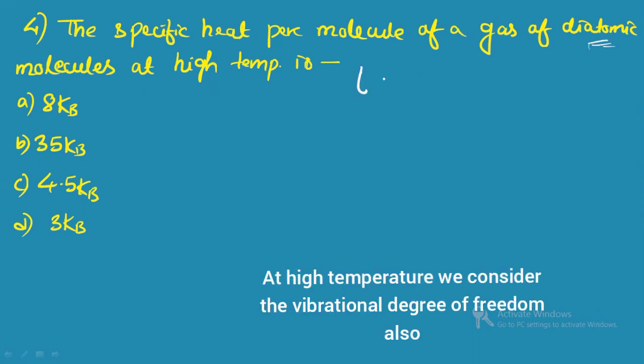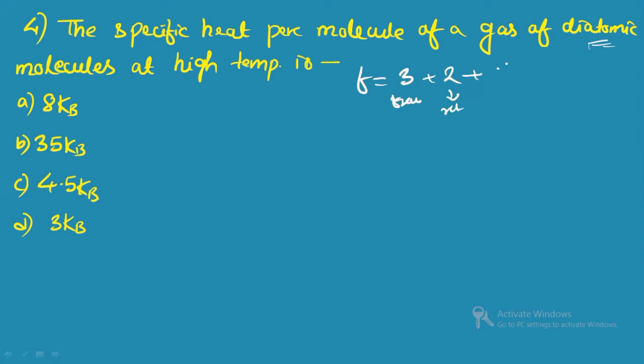So if you see the degree of freedom for a diatomic molecule, it is having 3 translational, 2 rotational, and how many vibrational degrees of freedom? If you calculate and see, the vibrational degree of freedom will be 1.